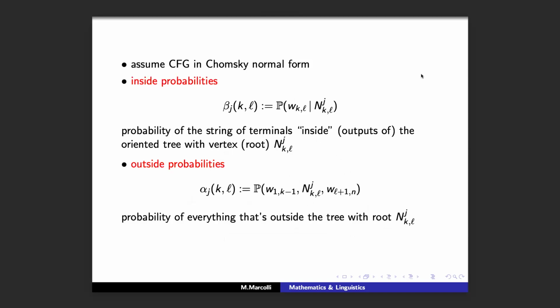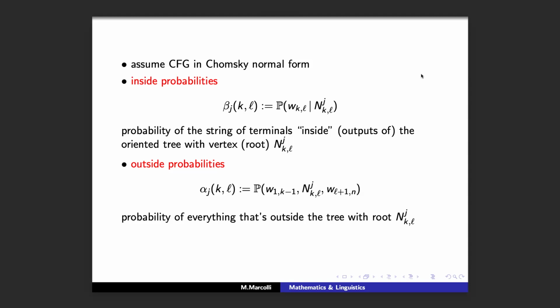So you can have inside probabilities that look at the string that you get at the leaves of that subtree, relative to which non-terminal you have at the root of that subtree. And then everything else depends on what happens outside of that subtree, so the other leaves and the left and right, which is saying where you are in the tree, which part you're cutting off.